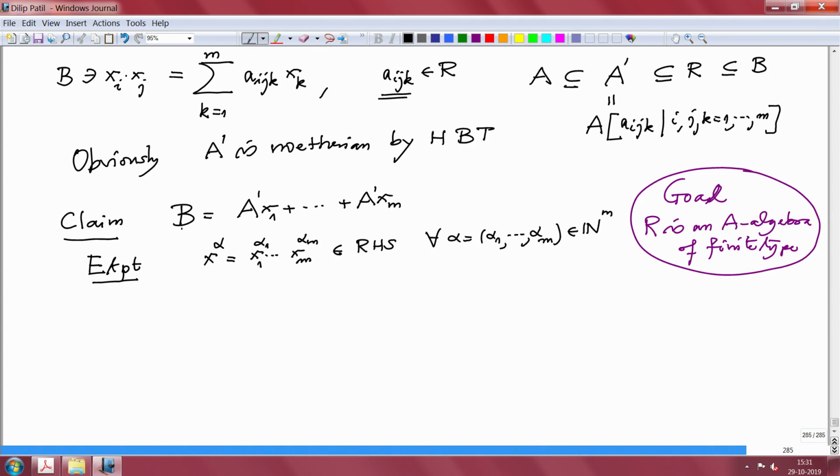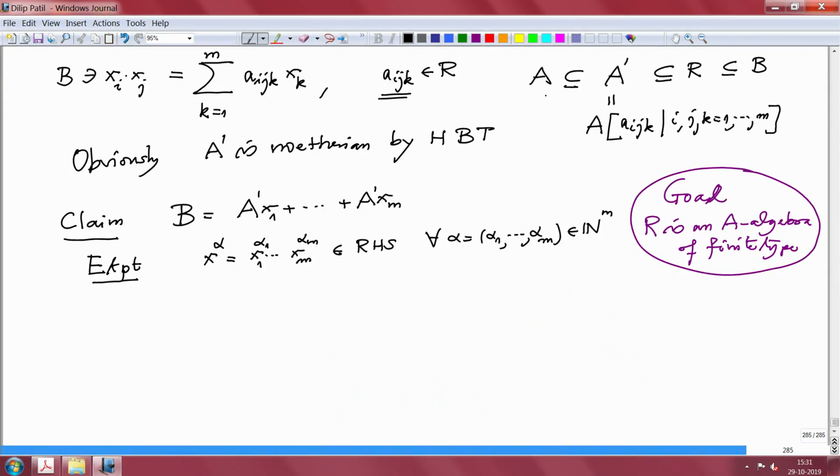Because every element of B is a polynomial in the small x's. I am not saying unique, but it is a polynomial expression in the small x's. That means it is a finite sum of such monomials with coefficients in A, that we know. So if I prove that all these are in the RHS, then the whole B is in the RHS because A is also contained in A prime.